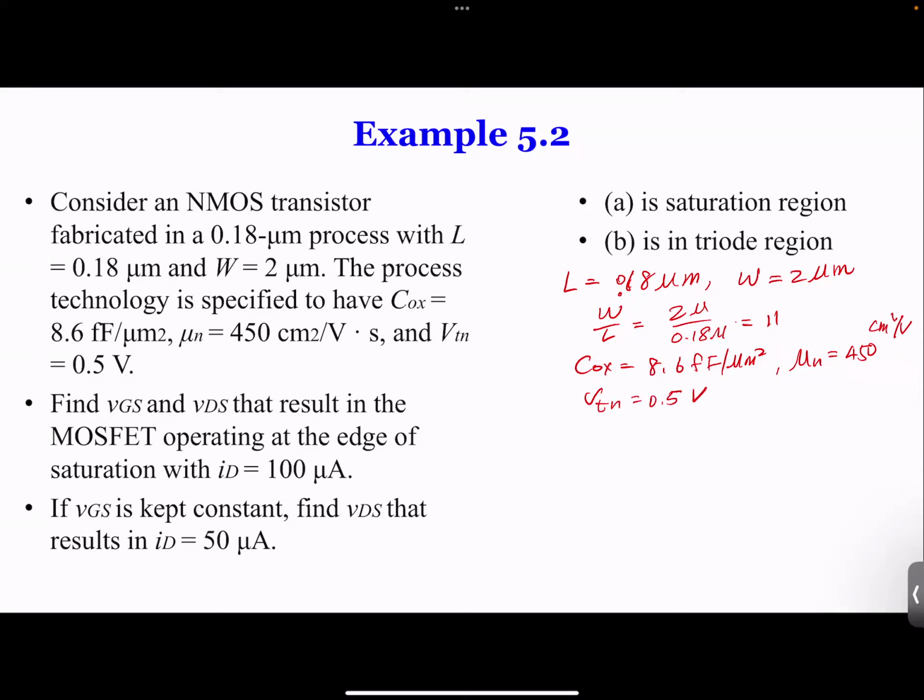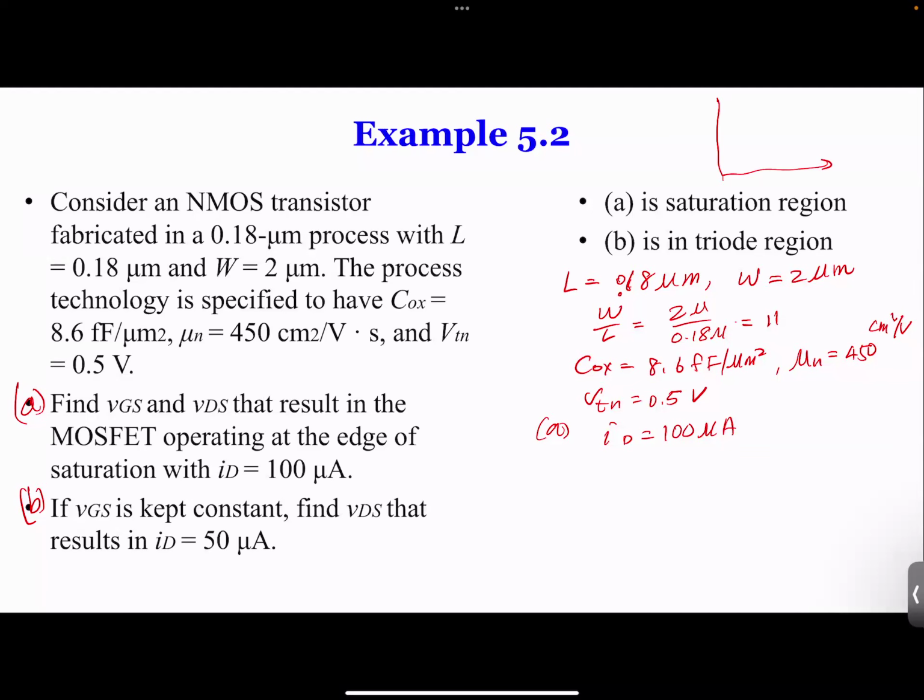So it asks you to find A and B. A is: find VGS and VDS that result in the MOSFET operating at the edge of saturation. And also it says that ID is going to be 100 microamps. Now, guys, remember this picture.